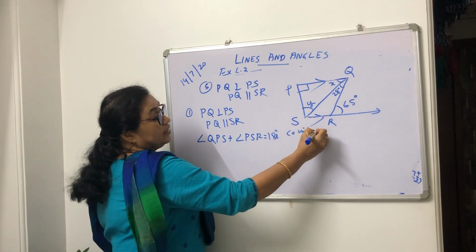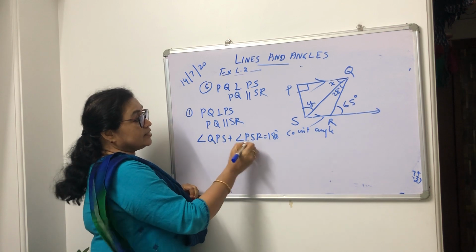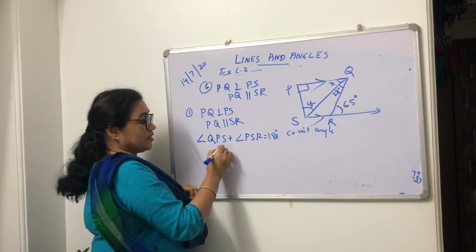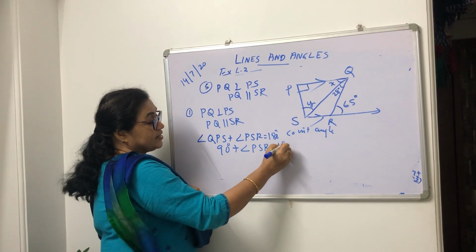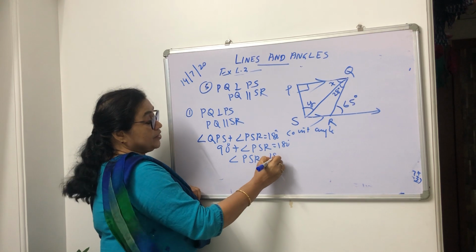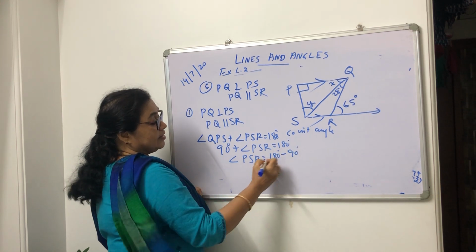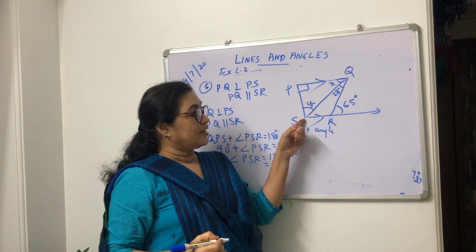Co-interior angles are supplementary. Now angle QPS is 90, plus angle PSR is 180, so angle PSR equals 180 minus 90, that is 90 degrees. So this full angle is 90 degrees.